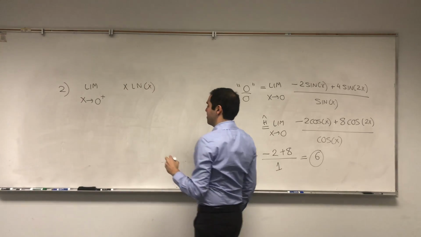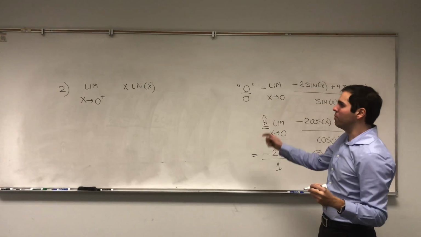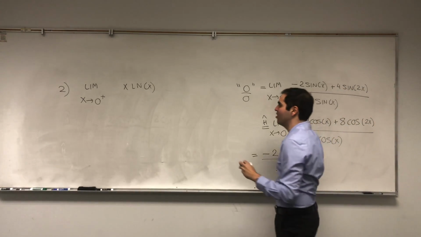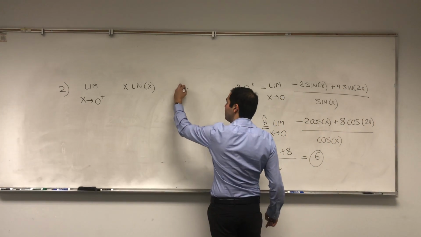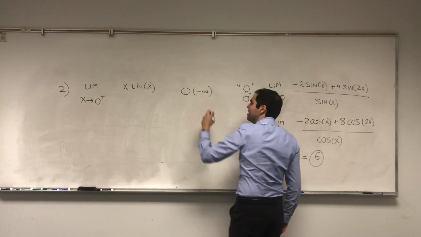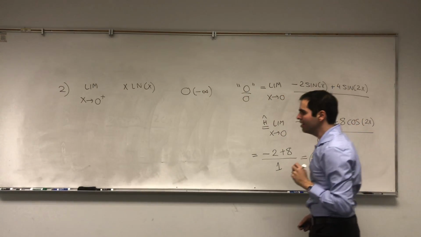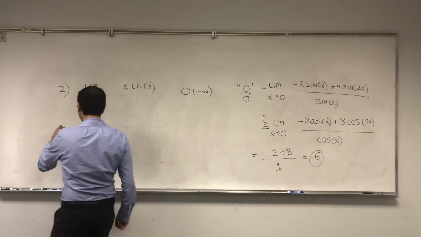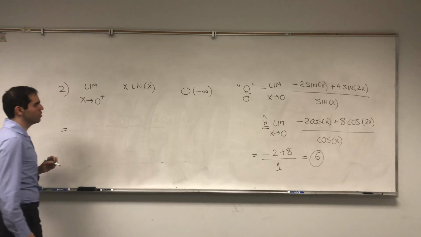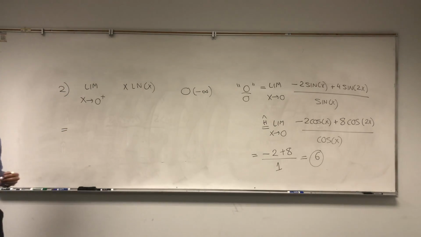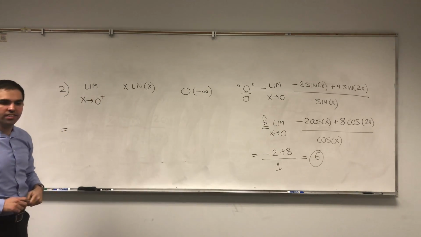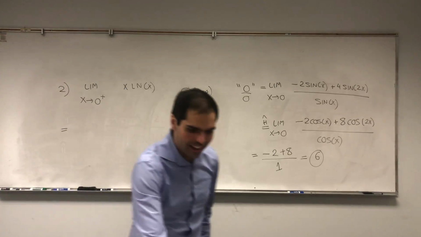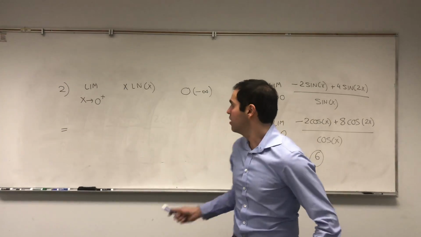For instance, this limit x goes to 0 plus x times ln of x, which, if you want, is of the form 0 times minus infinity. Well, in order to turn this into 0 over 0 or infinity over infinity, we need to transform this into a fraction. And here's how you do it.